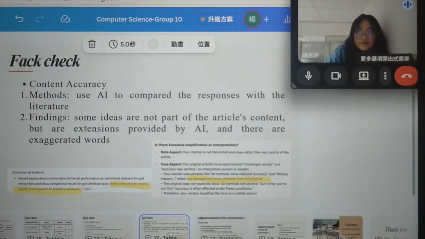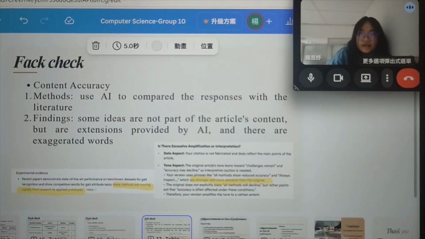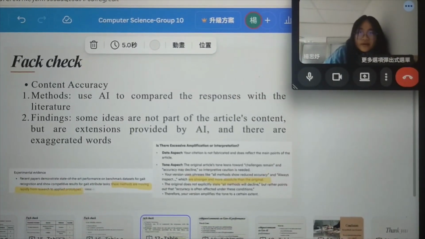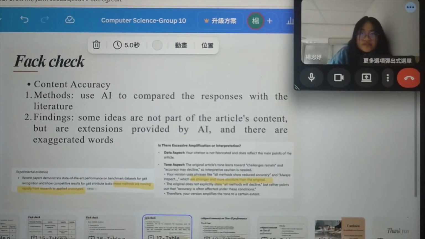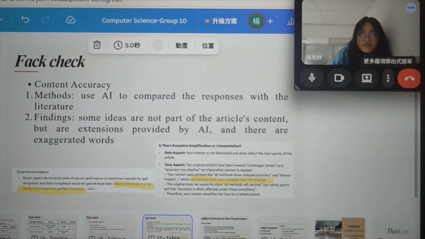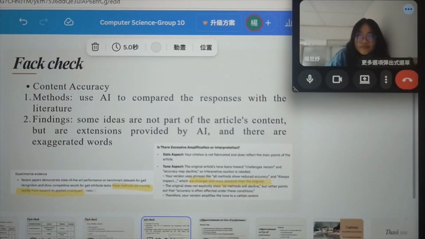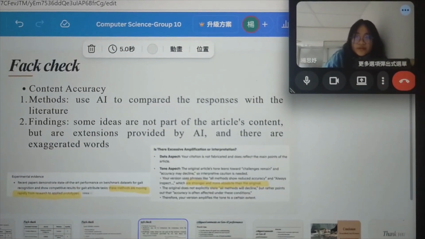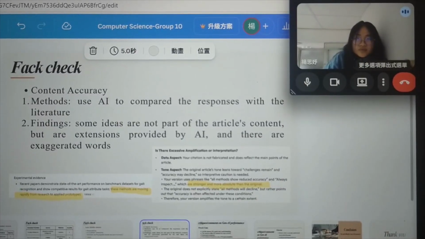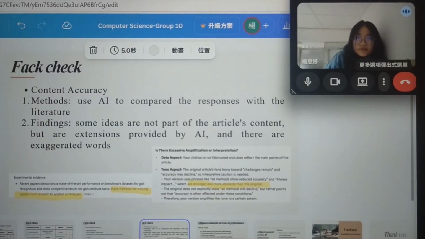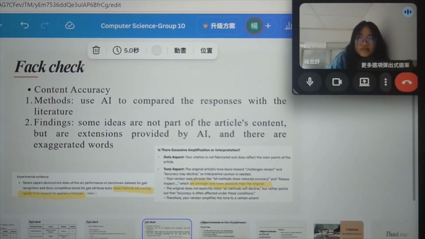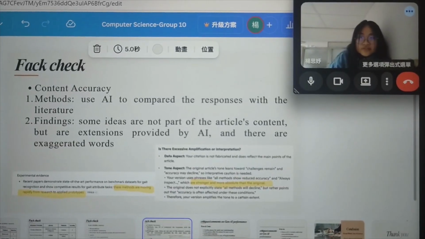The second part of my check is about accuracy. I compared generative AI's response with the content of the paper, and I found that almost all of the information really comes from the content.